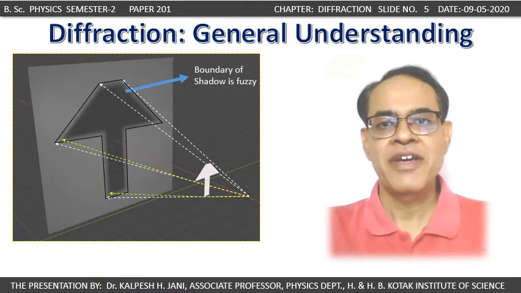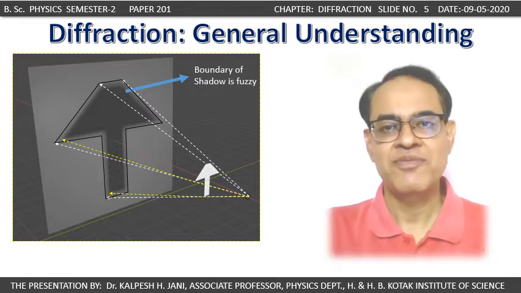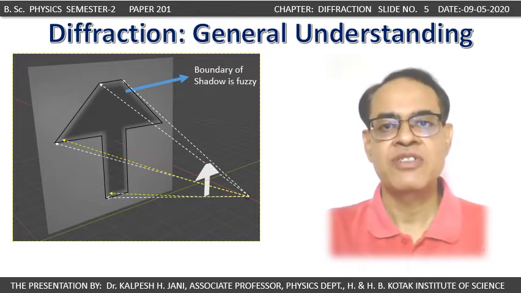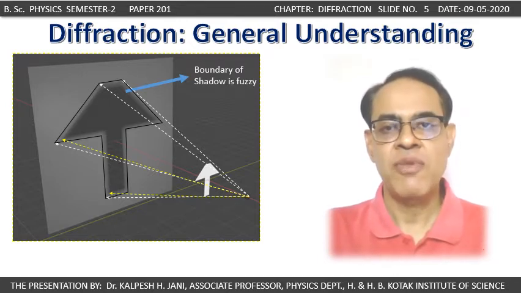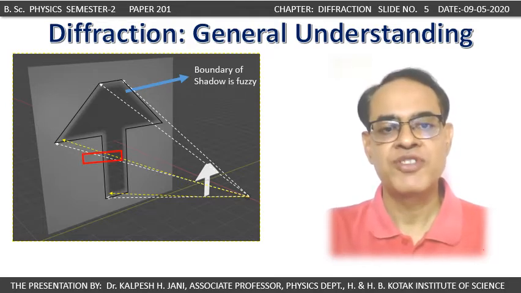So let us again inspect a portion of the boundary of the shadow in this photograph in much greater detail, and let us try to see what this fuzziness is all about. We shall take a part of the boundary of the shadow as shown in this red rectangle, and we shall zoom this portion.